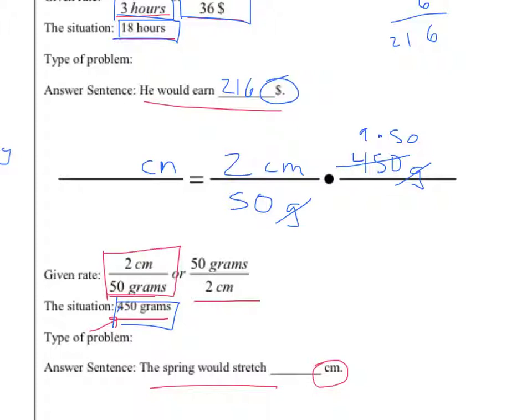Why is factoring 450 to 9 times 50 so useful? William. Yep, now we can cross cancel the 50s, and we see that this is really just a multiplication of 2 times 9, which tells us the spring would stretch 18 centimeters.